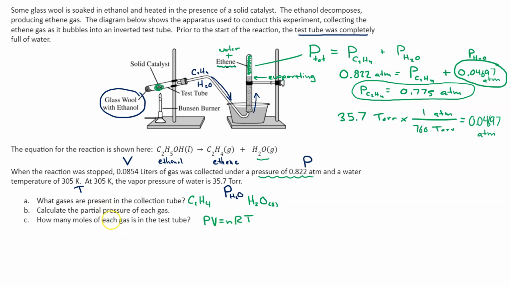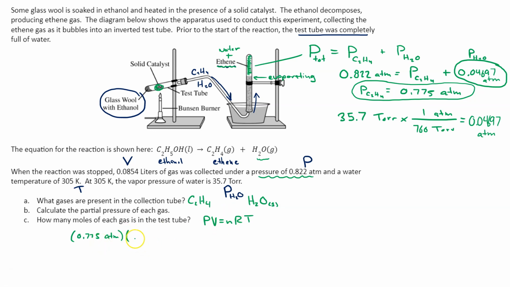What you might not have known is that if you use this PV equals nRT equation, and you only plug in the pressure for just one gas at a time, so for example, let's start with the C2H4. For that P value, I'm going to plug in just the partial pressure of C2H4, that 0.775 ATMs. If I use the pressure of only C2H4, then I will be solving for the moles of only C2H4.